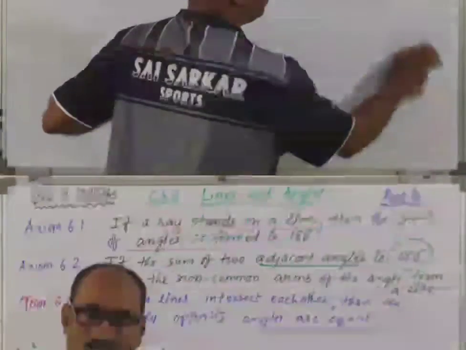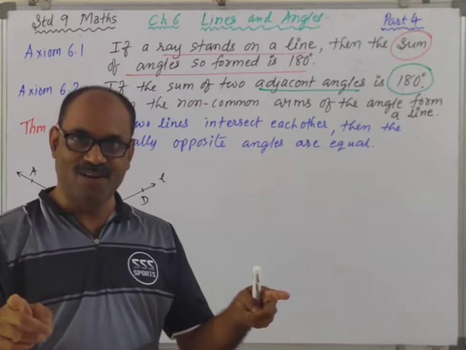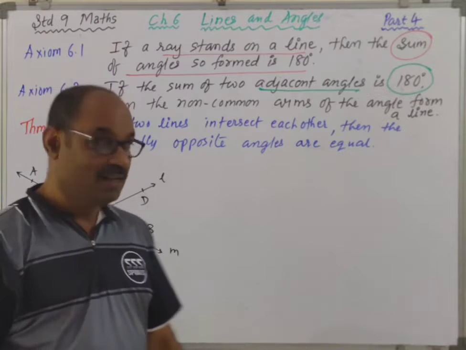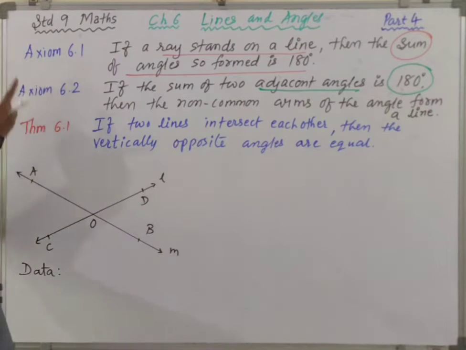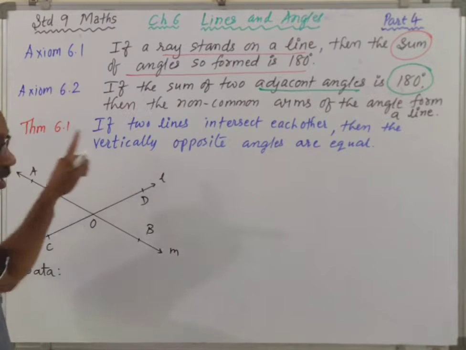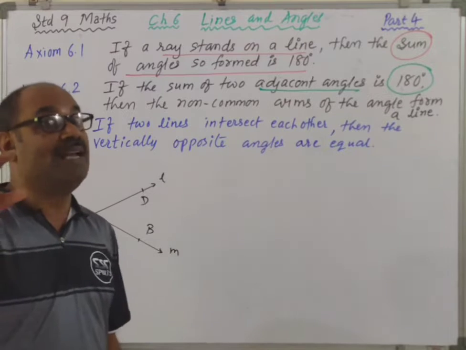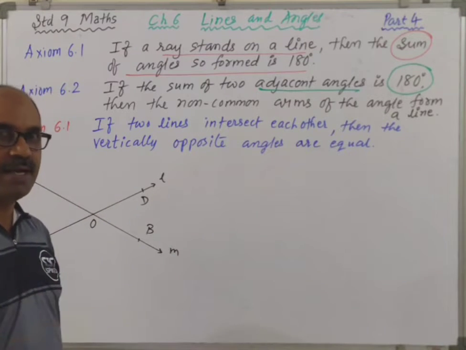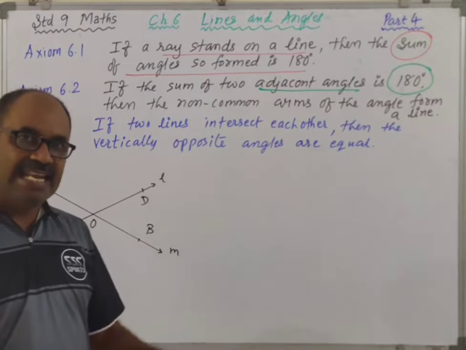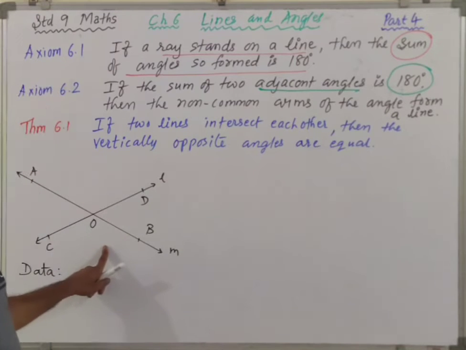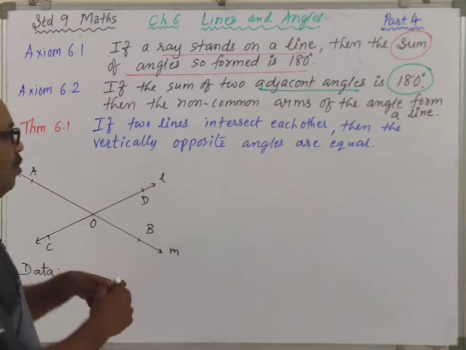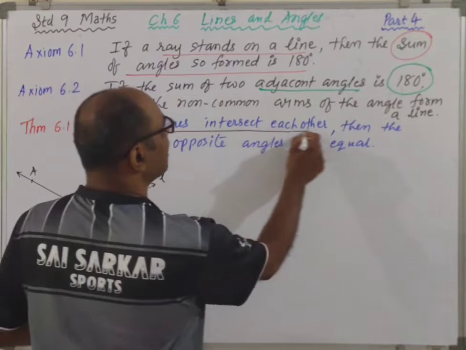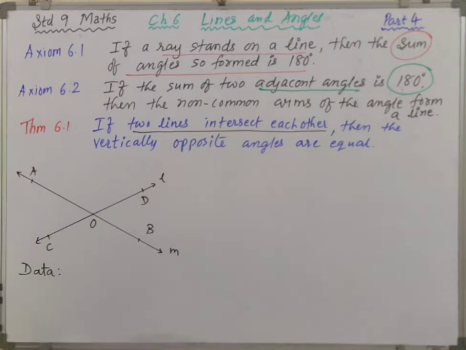Let's see, children. So, are you ready to prove the statement of theorem 6.1? This was axiom 6.1 and this is theorem 6.1. The statement is true, but we'll have to prove it using logical reasoning. So, let's start. Whenever you prove any statement, first you should draw the figure. Two lines intersect each other at a point.